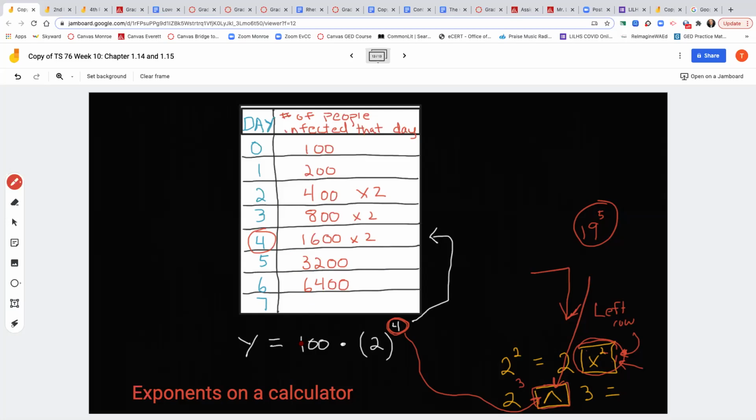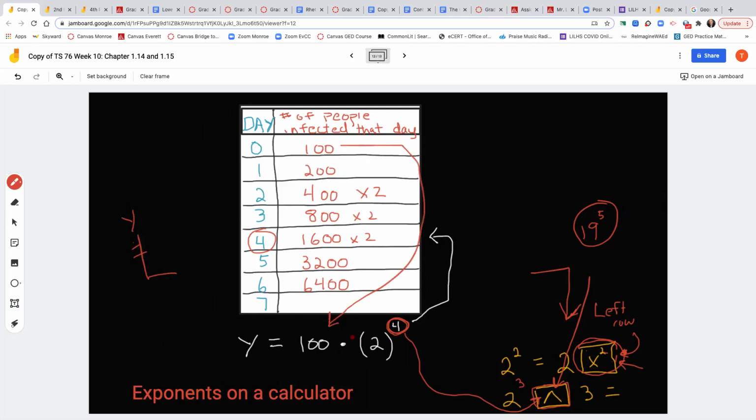That's my Y value. That's my dependent variable. That's my number on the Y axis. You can figure out after how many days. At the fourth day, you would start with your starting value. That's 100. I started with 100 people that had COVID.